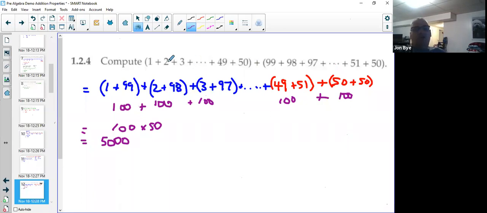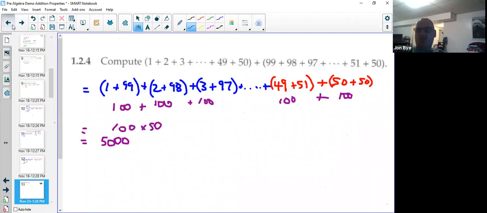It would take a lot of writing to regroup all of these additions, but we're allowed to do that because of those rules. It's always important to know why you can do such a thing. I tried to show you earlier those rules that allow us to do that. So the total here is 5,000.